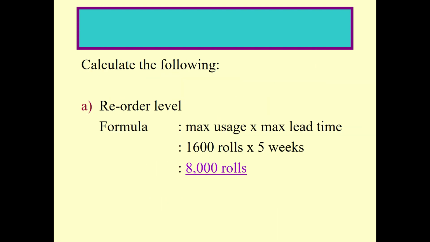So, now we can calculate the ROL. You just need to multiply the maximum usage of 1,600 rolls with the maximum lead time, which is 5 weeks. So 1,600 rolls multiplied by 5 weeks equals 8,000 rolls.